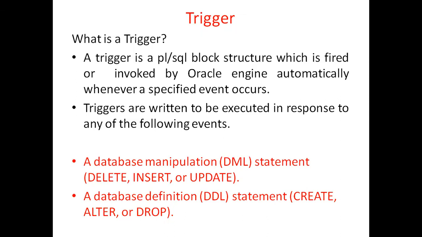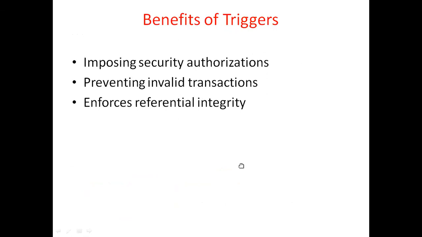So what are the main benefits of using triggers? The first one is security. As I told you, in the banking sector, if the PIN number you entered is wrong, it should stop you from doing any transaction and trigger a message that the PIN number or account number is invalid. So it imposes security and prevents invalid transactions, and referential integrity is also enforced.